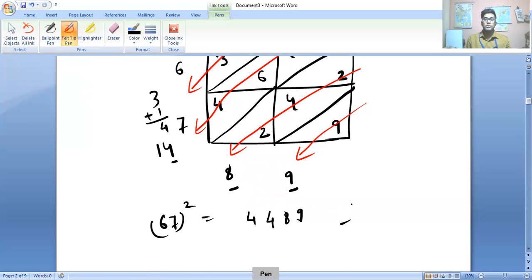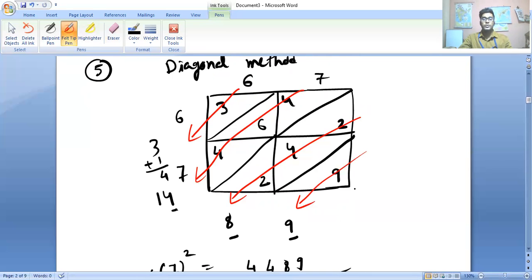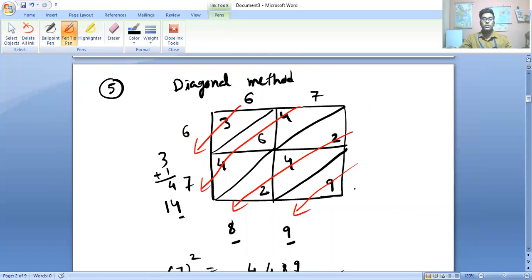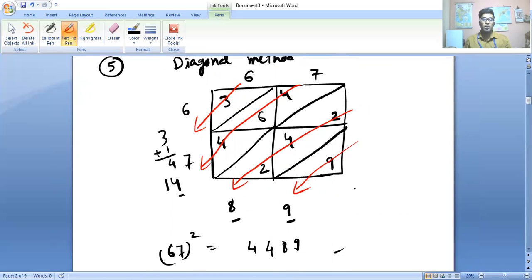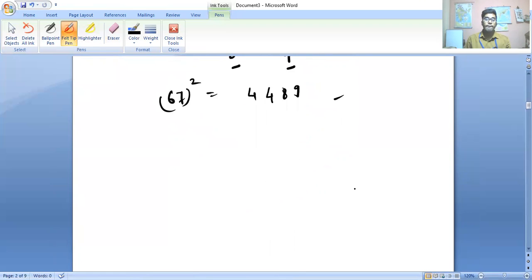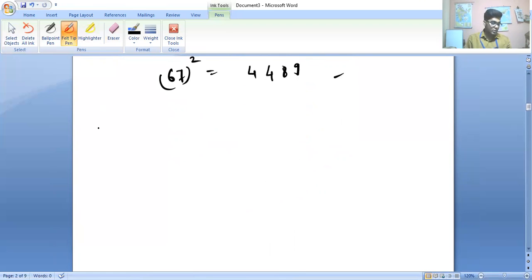Yes, students. So that's how we solve by diagonal method. Let us do a 3-digit number. This will be a little different. Let us do question number 8: 256. Again, same thing.